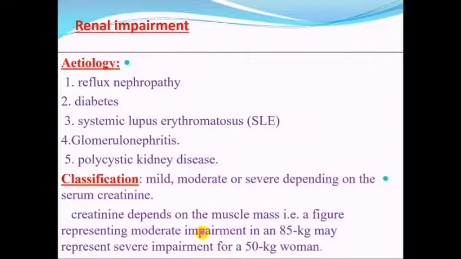That's to say that the serum creatinine level is inversely related to body mass. The higher the body mass, the higher the serum creatinine may be, and it may still indicate only mild impairment in renal function.